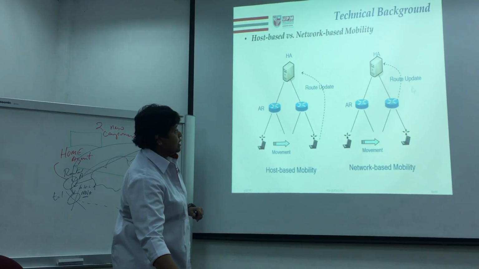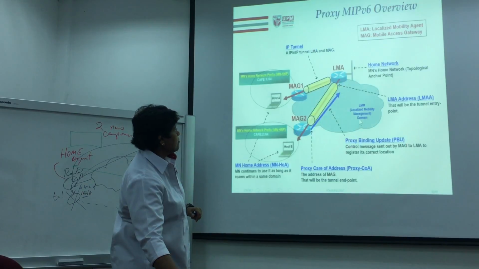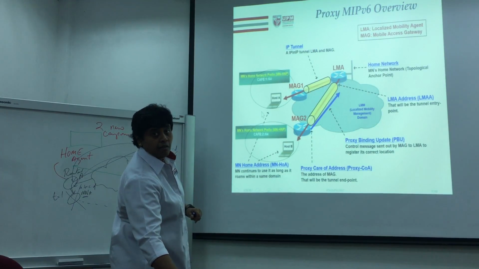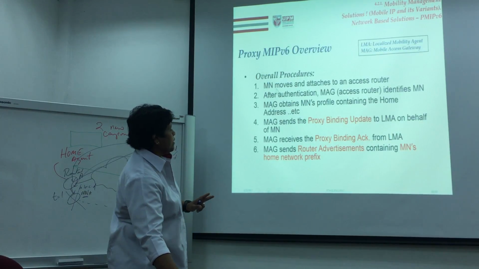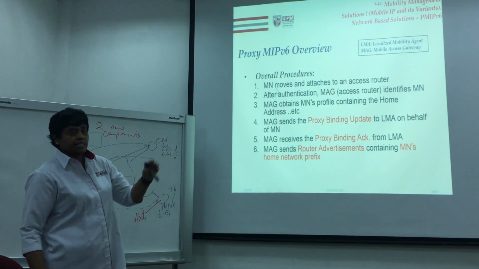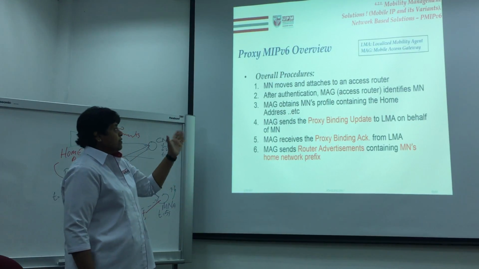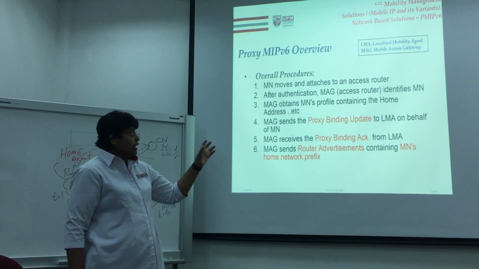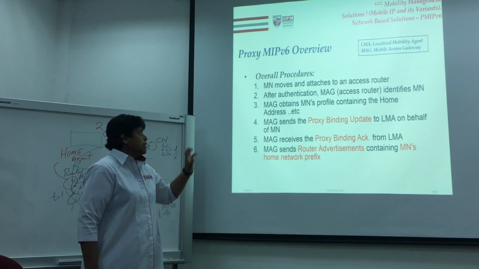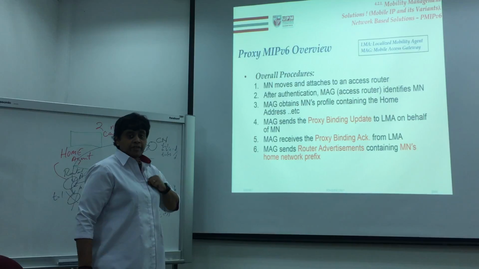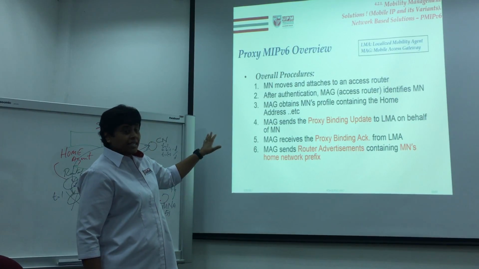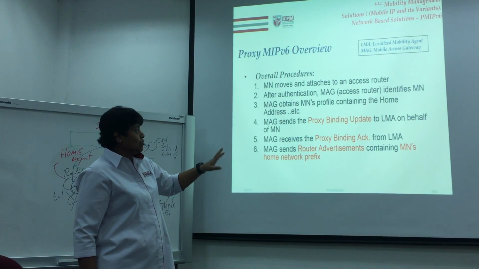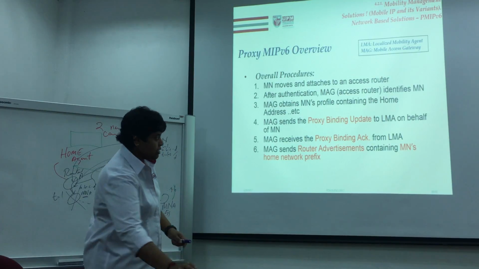So basically the component updates are being done by the LMA and the MAG. Now as you can see, as the mobile node moves and attaches itself to an access router, after authentication the MAG identifies the MN, the MAG obtains the MN's profile, so reducing the work on the mobile node. The MAG sends the proxy binding update to the LMA on behalf of the MN, this is important.